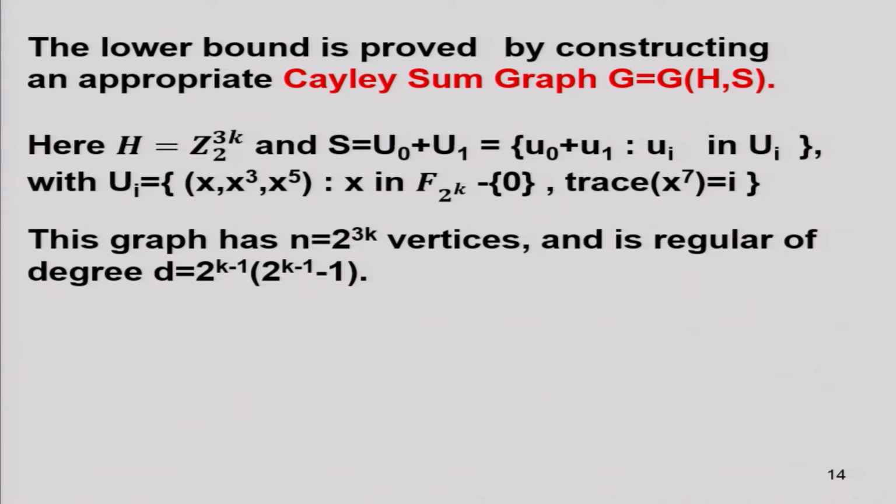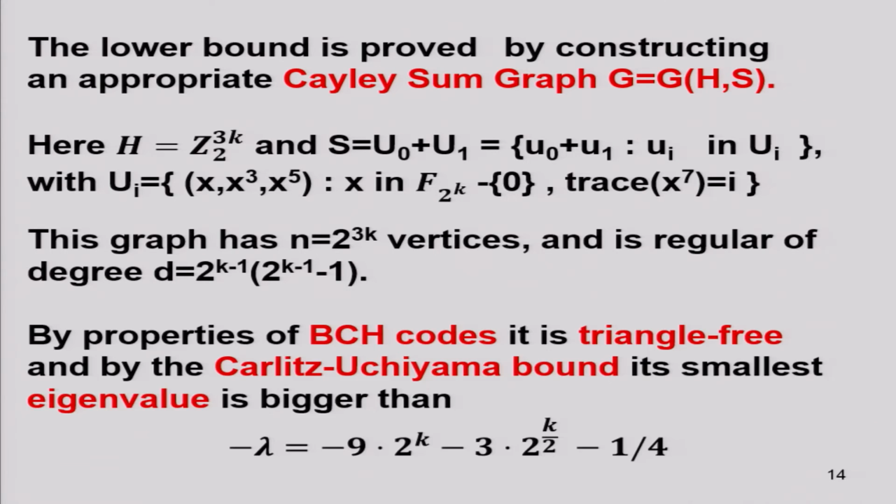So the degree of regularity is roughly a quarter n to the 2/3, if we want it in terms of the number of vertices. And then it can be shown, by some known properties of BCH codes, that this graph is triangle-free. So this is a rather elementary effect.